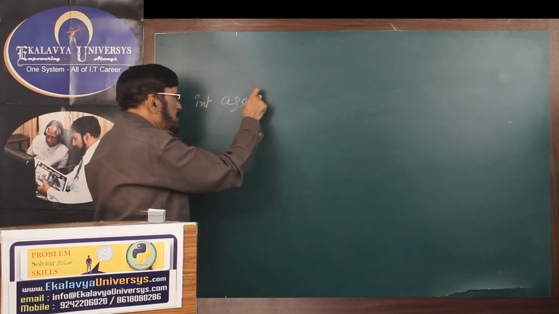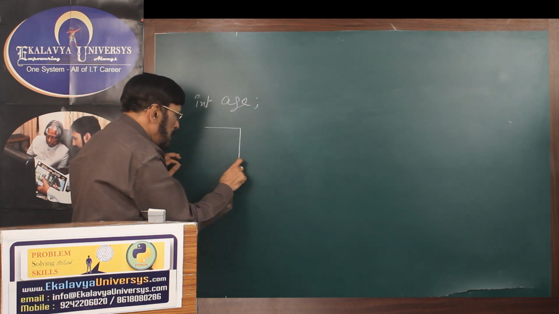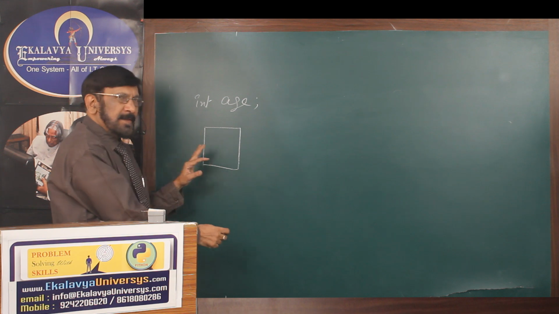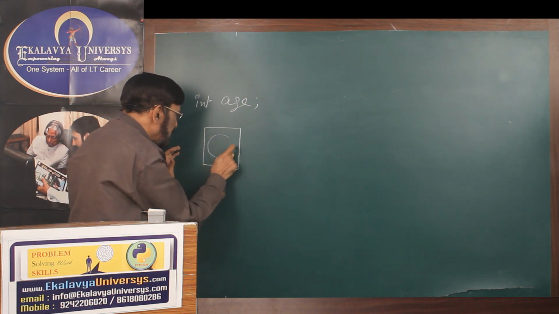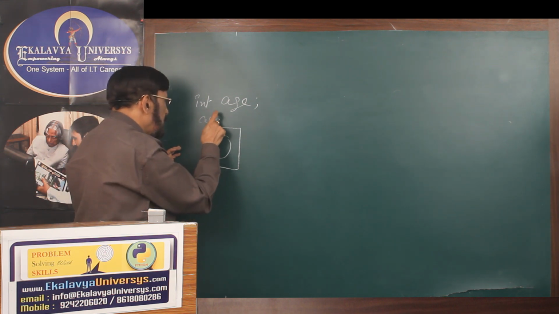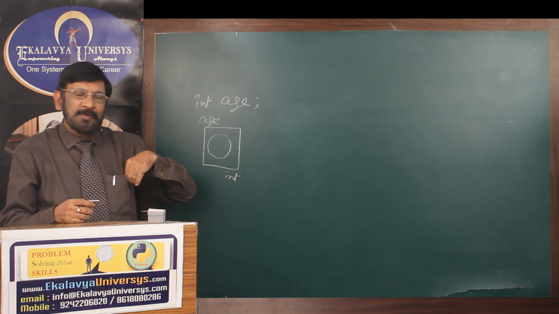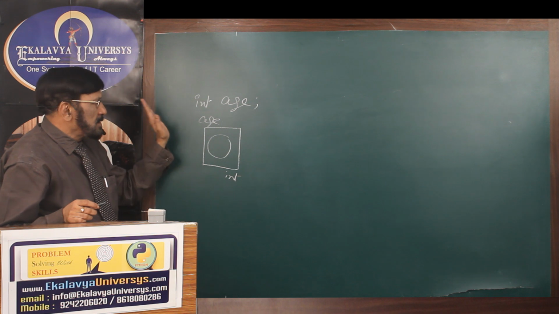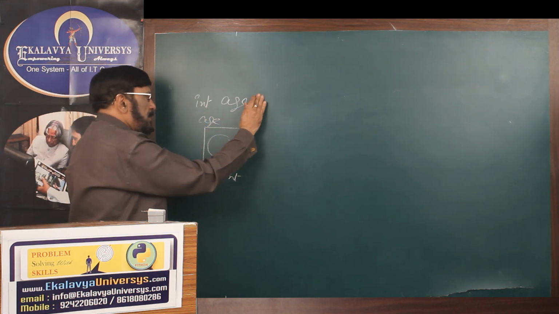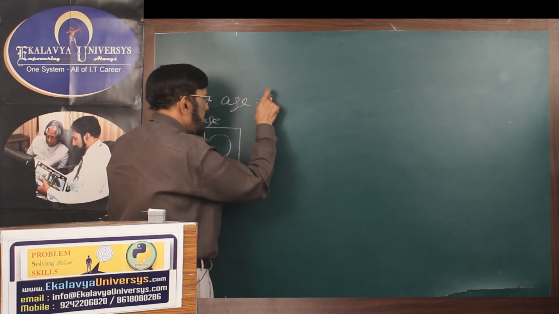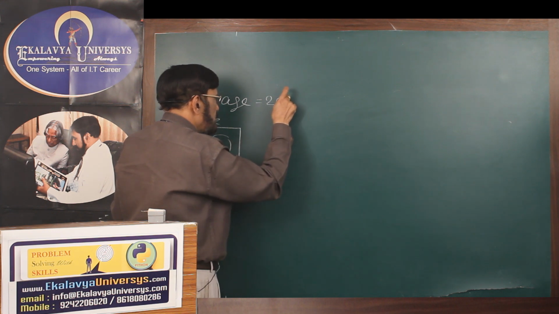If you write this, what happens? A data item is created, that means a memory container of type int is created. This is the memory container, this is our pocket. This got ready. Thereafter you want to store your age, which is 20.